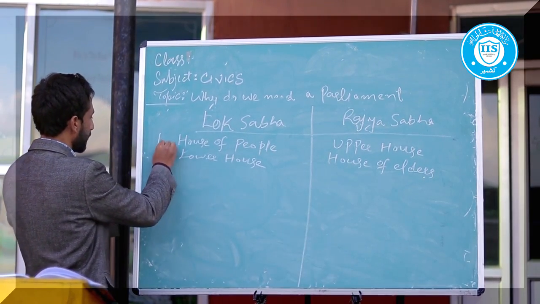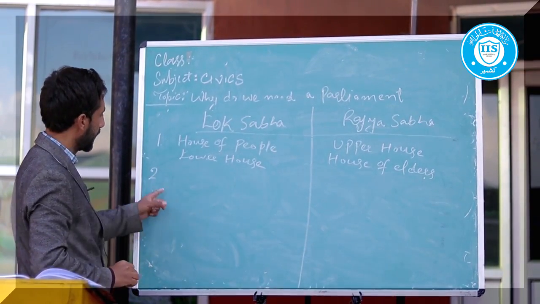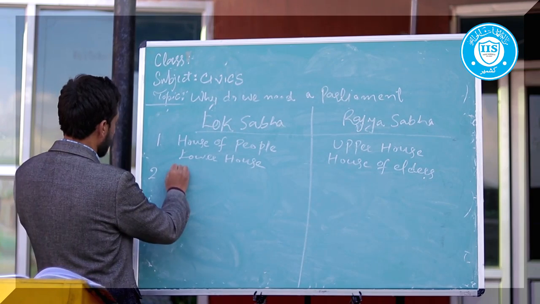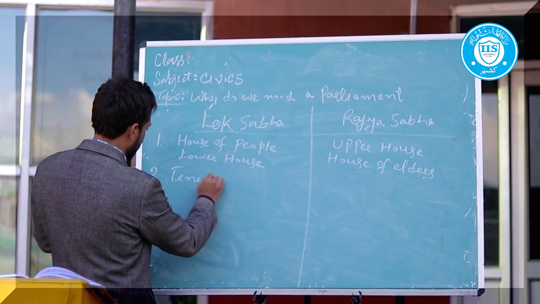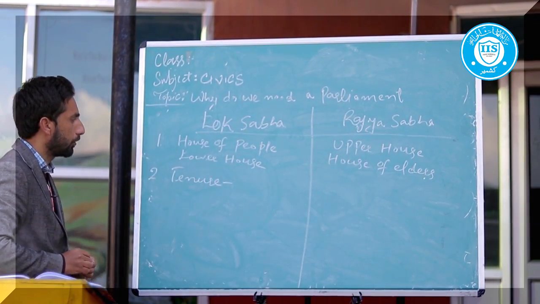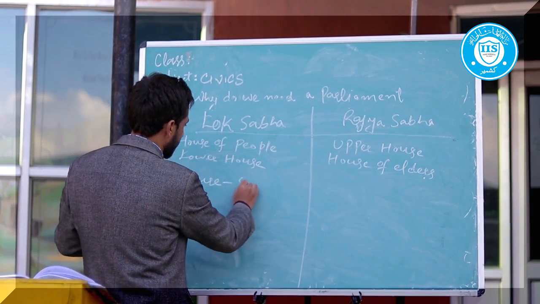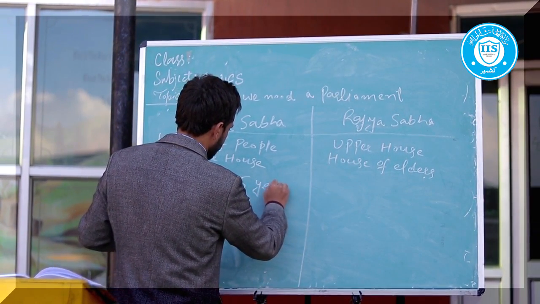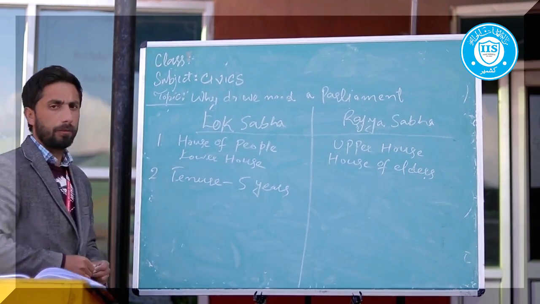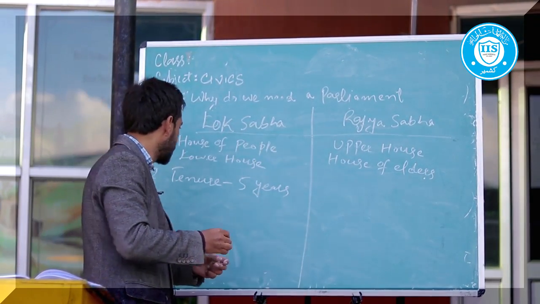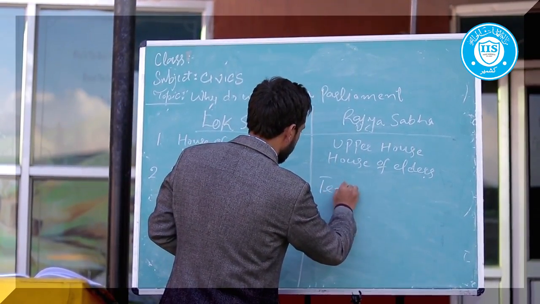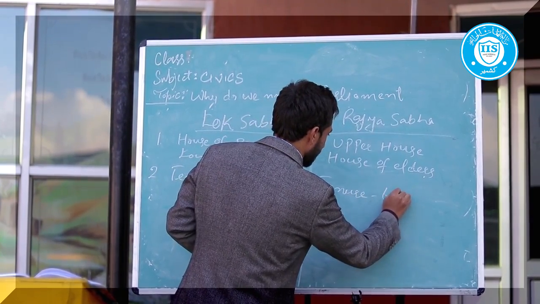This is the first difference. The second difference is the tenure: a member of Lok Sabha has a tenure of 5 years, but in Rajya Sabha the tenure is 6 years.